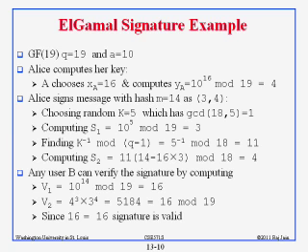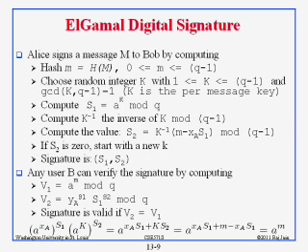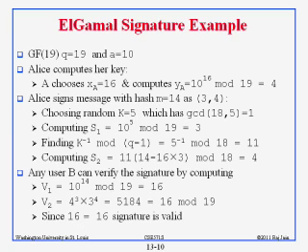Then to verify, you calculate V1, which is 10 raised to m, which is 14, mod 19, giving 16. And V2 was YA raised to S1 times S1 raised to S2. So YA is 4 raised to S1, which is 3, times S1, which is 3, raised to S2, which is 4, and you get 16.